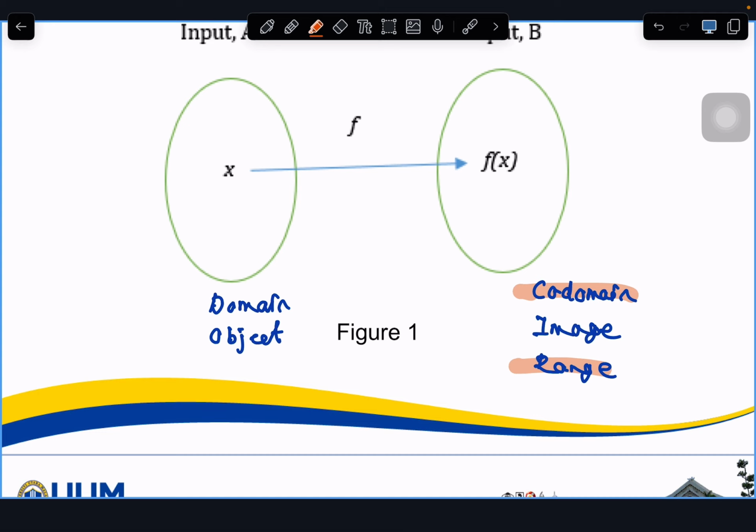The question is easy. Are they the same, codomain and range?